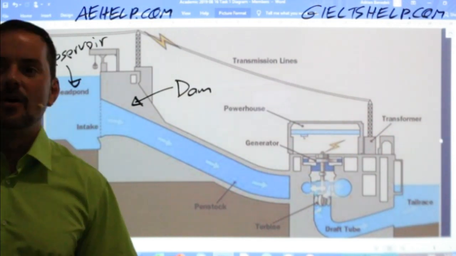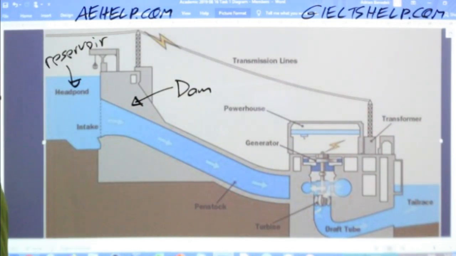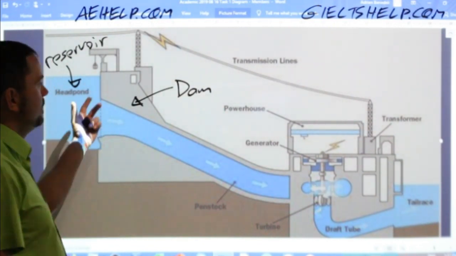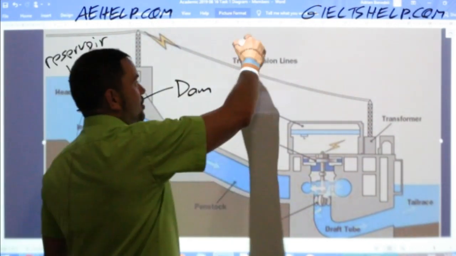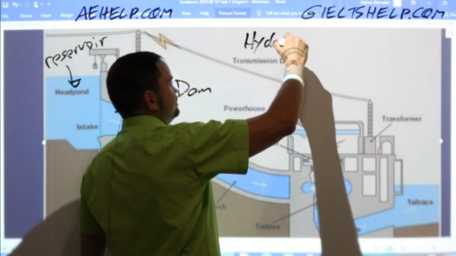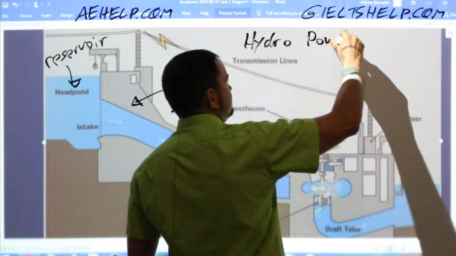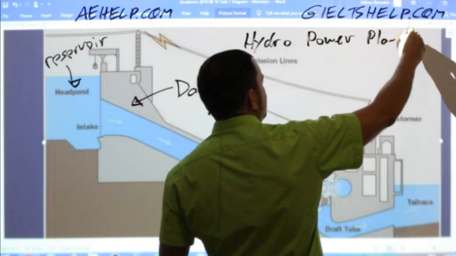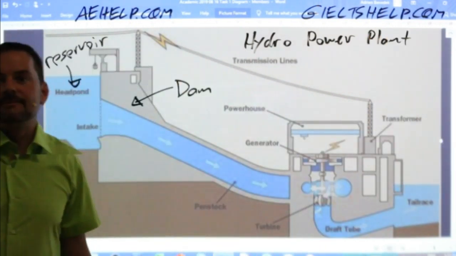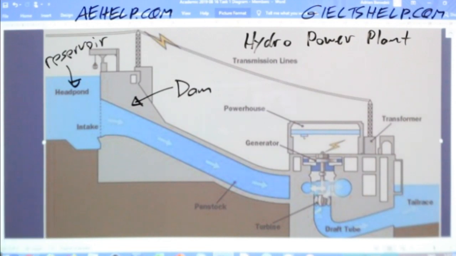Alexander says this is a hydro power plant. Yeah, so this whole structure here is a hydro power plant. Yeah, very good, Alexander. It's a hydro power plant.